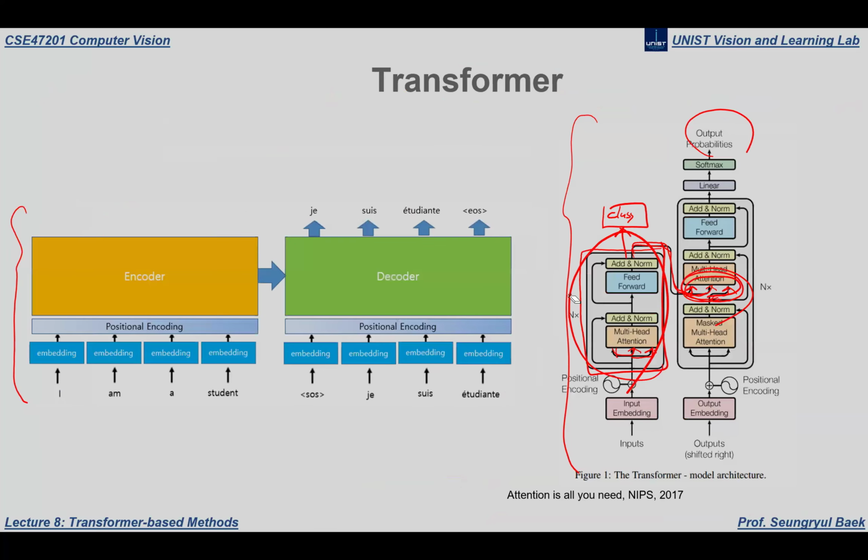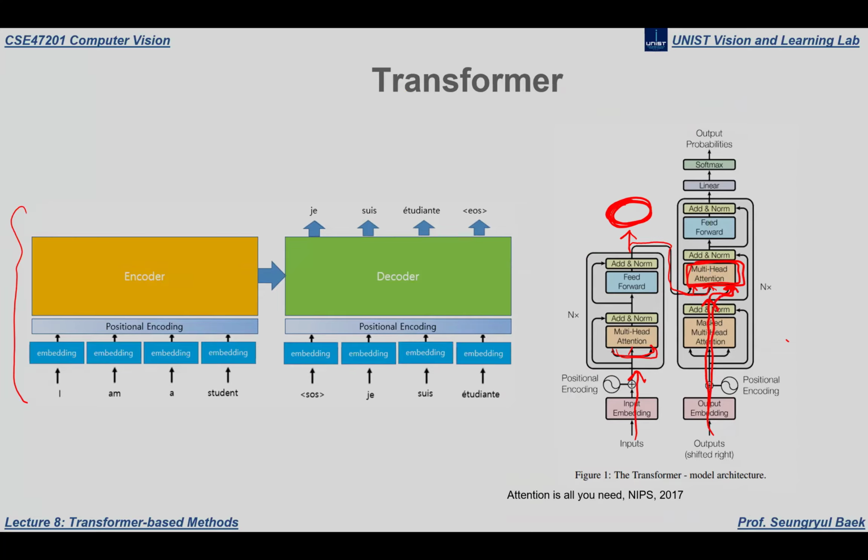So here, this is the transformer for NLP. This is the input. By applying self-attention, they get some features here. And this is the decoder input. Here, via the cross-attention mechanism, they mix the improved feature with the decoder input and get the decoder final output.